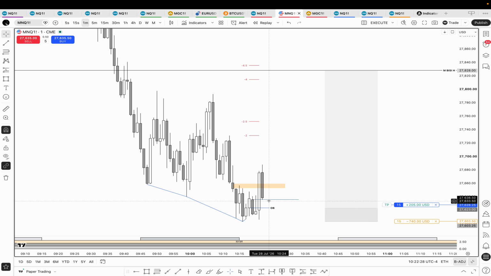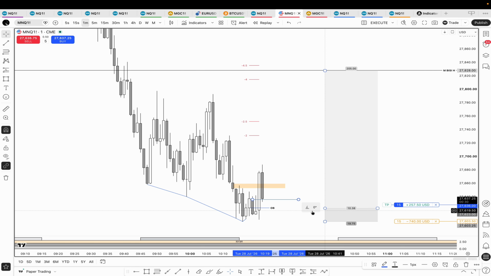So just add it into the position again off of this order block, M1 order block.